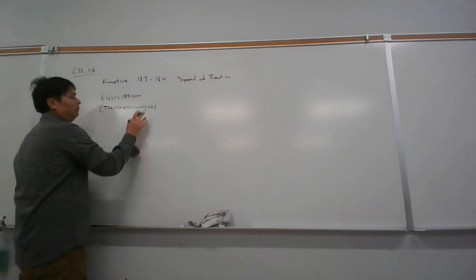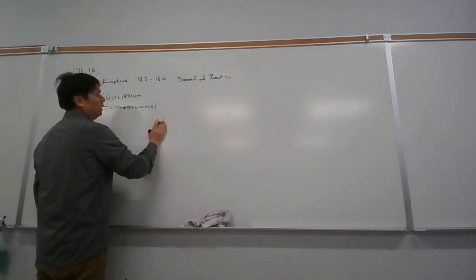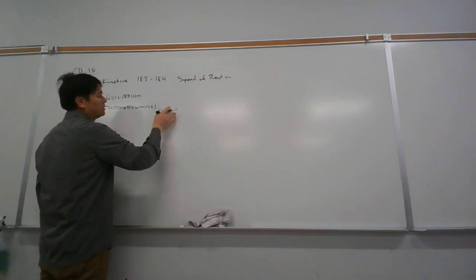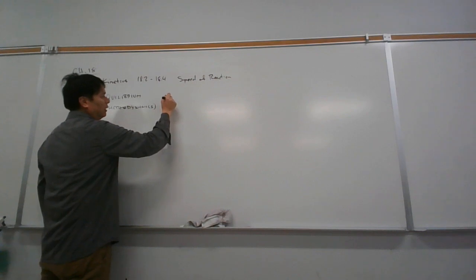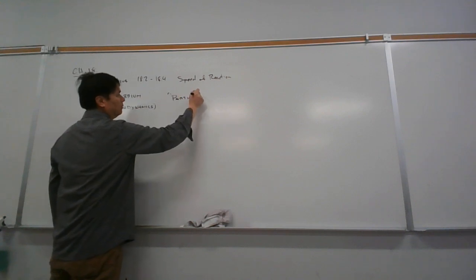In equilibrium, we want to know the ratio of the products to reactants. This is what we call partial reaction.